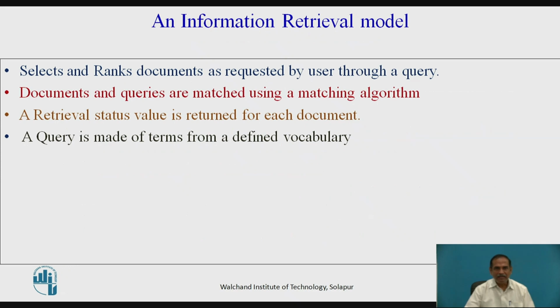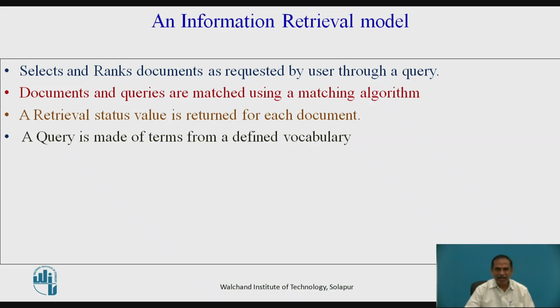When developing such an information retrieval model, it selects and ranks documents as requested by a user through a query. These documents and queries are matched using a matching algorithm which calculates a function called the matching function output, and this is a retrieval status value which is returned for each document.